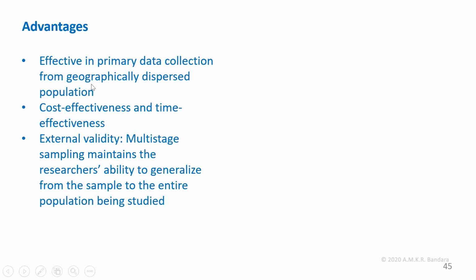We have to travel all over the island in order to reach the selected farmers. But here, in several stages, we can limit that. At the end, you need to visit selected villages only. The other one is cost effectiveness and time effectiveness. So here we can reduce the cost of traveling and the time for traveling. So it is cost effective and time effective.